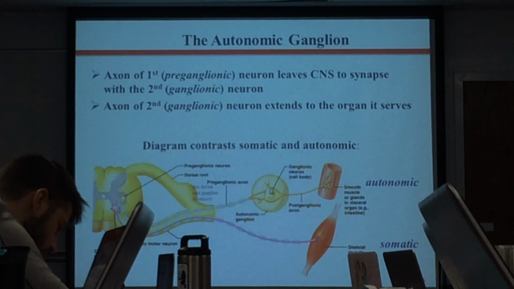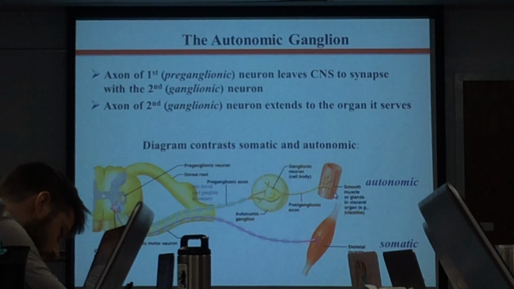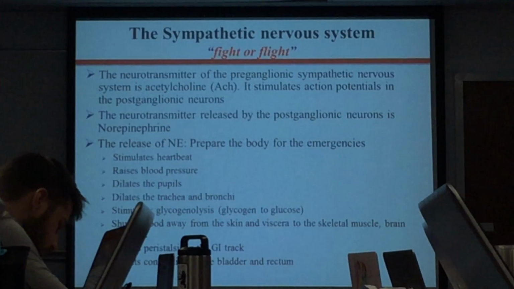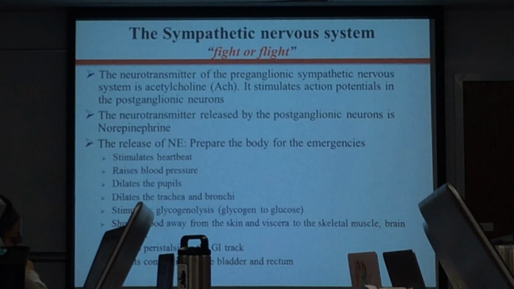Okay, so acetylcholine is in this projection site, and once it's released, it acts on the receptors on the cell body of the second neuron, and then once this neuron is excited, the norepinephrine is released and acts on the receptor on the effector. So when norepinephrine is released, it stimulates heartbeat. You have increased heartbeat, increased blood pressure.